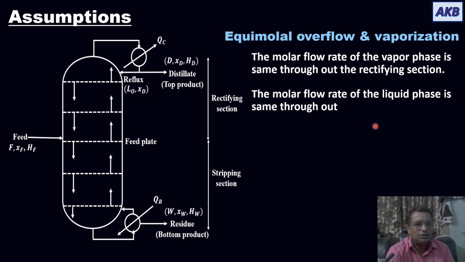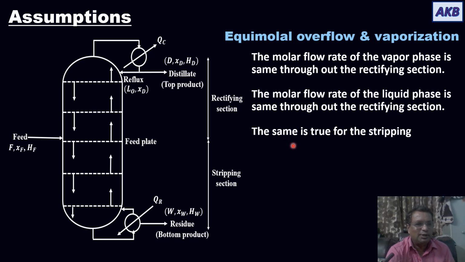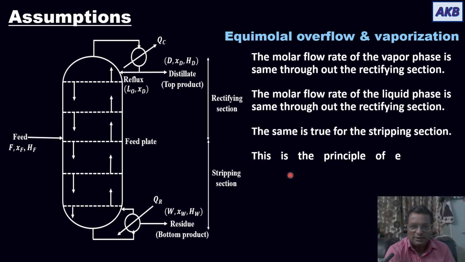Similar analysis can be done for the stripping section, and you will get the same conclusion. For the stripping section also, liquid flow will be same throughout the section, and vapor flow will also be same throughout the section. And this is nothing but what is called the principle of equimolar overflow and vaporization.